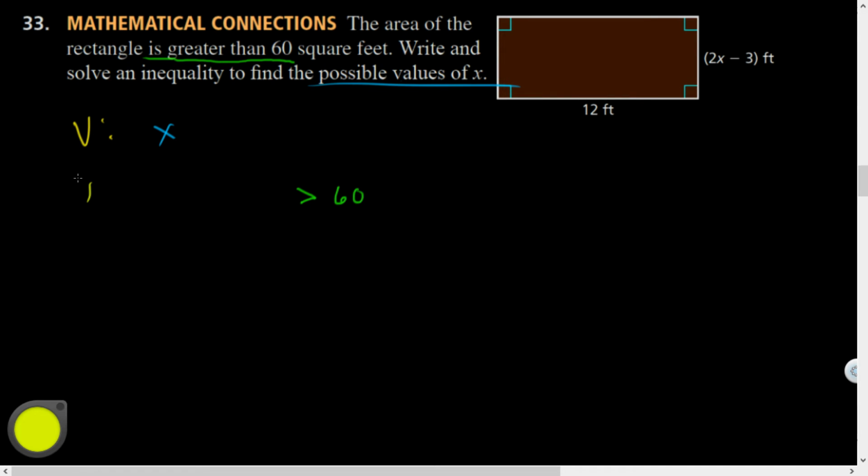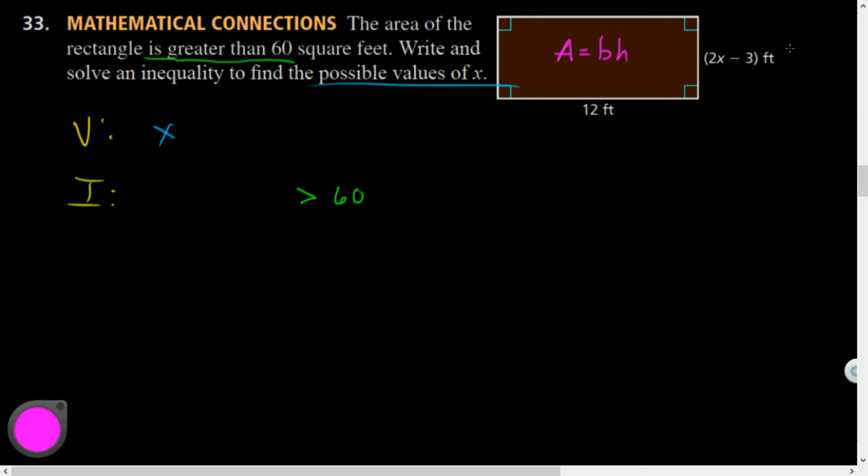Let's see, for our inequality, this is actually going to require me to bring some knowledge to the table. What is the area of a rectangle formula? Base times height, length times width, length times height, whatever you want to call it, right? And so I'm going to call this my base and this my height. And so if the area is greater than 60, that means the base times height is greater than 60.